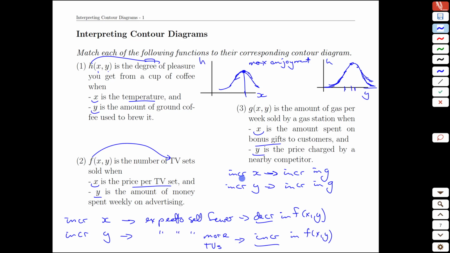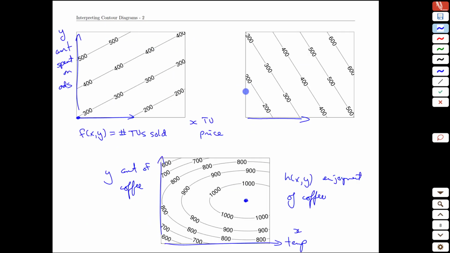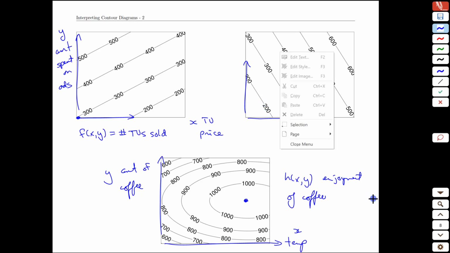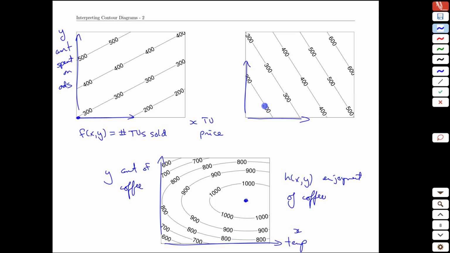And so in this scenario, we expect an increase in x to increase our sales, and an increase in y to also increase our sales. And in fact, that is exactly what we see in this graph here. If we move to the right, our sales increase like 200 to 300 to 400. And if we keep x constant but increase y, we see the same kind of increase.